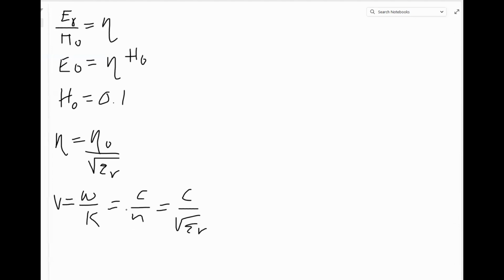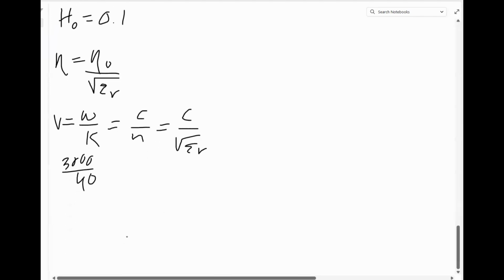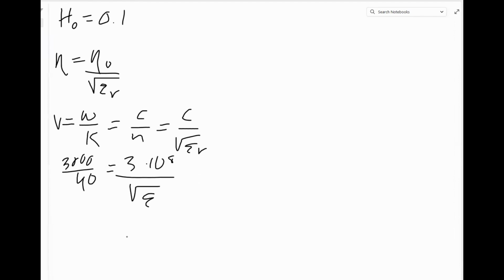And so we have our omega value, our k value, and c is a constant that equals 3 times 10 to the power of 8. And so now we'll be able to figure out our epsilon. So omega over k is 3000 over 40. And c, as I said before, is 3 times 10 to the power of 8. And so we have epsilon r.